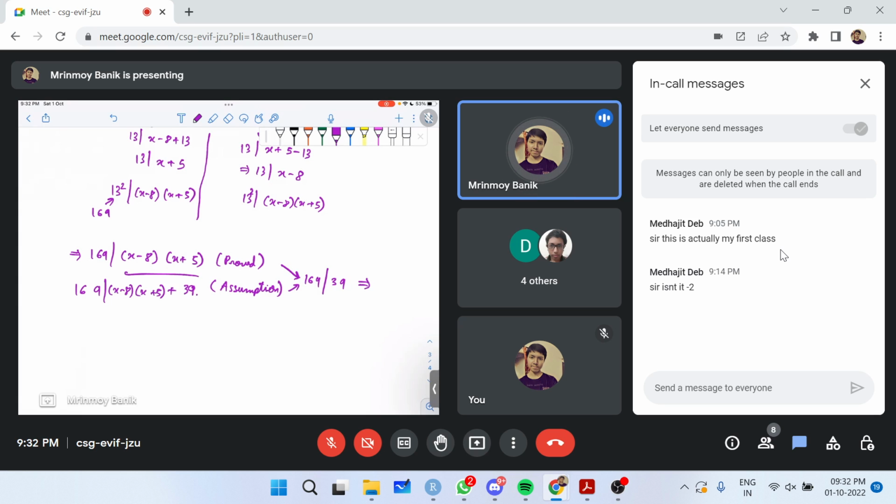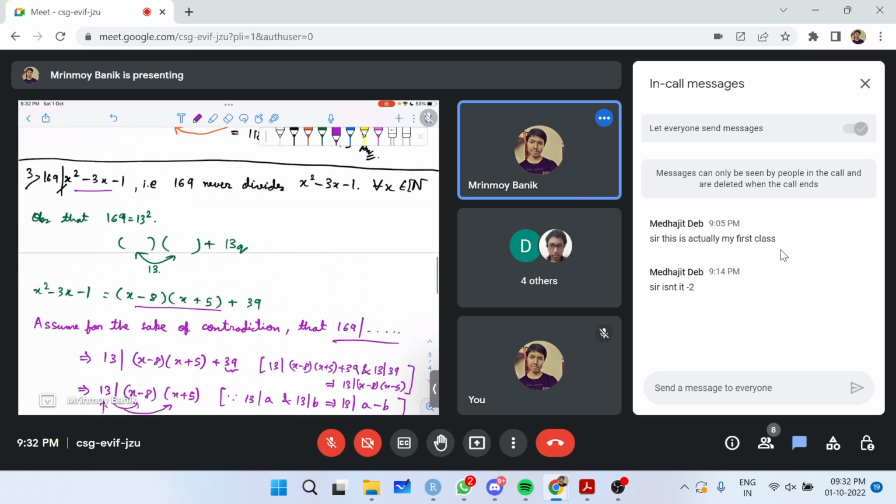This is a contradiction since 169 is greater than 39, it can't divide 39, right? So our claim is proved that 169 can never divide the quadratic x squared minus 3x minus 1. So is that clear? Any doubts?